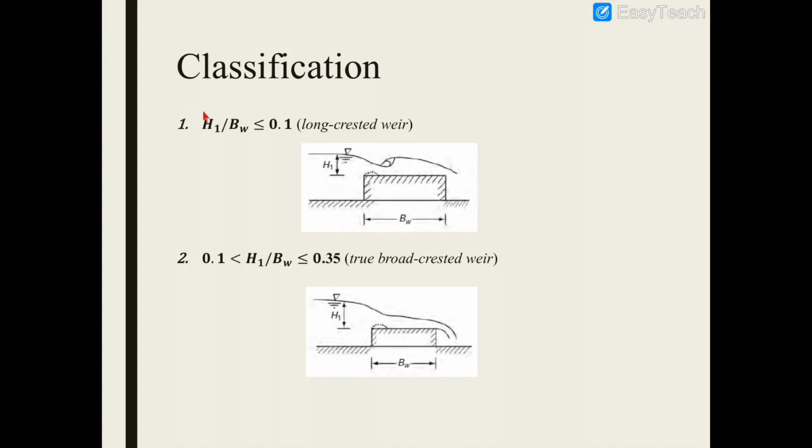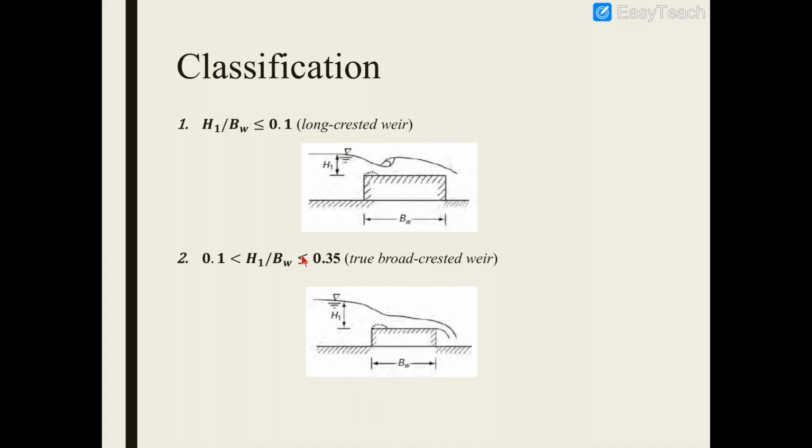If H1 upon Bw is less than or equal to 0.1, then in this range the critical flow control section is at the downstream end of the weir, and the resistance of the weir surface plays an important role in determining the value of CD, that is the discharge coefficient. This kind of weir is called long crested weir, and the use of this type of weir is limited as a reliable flow measuring device.